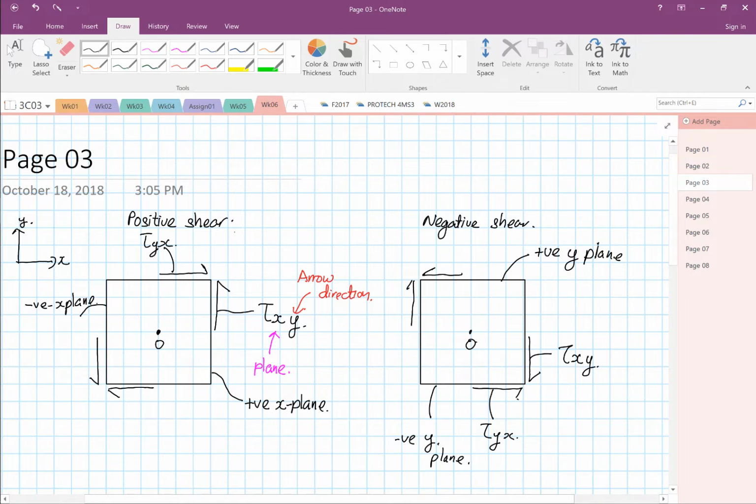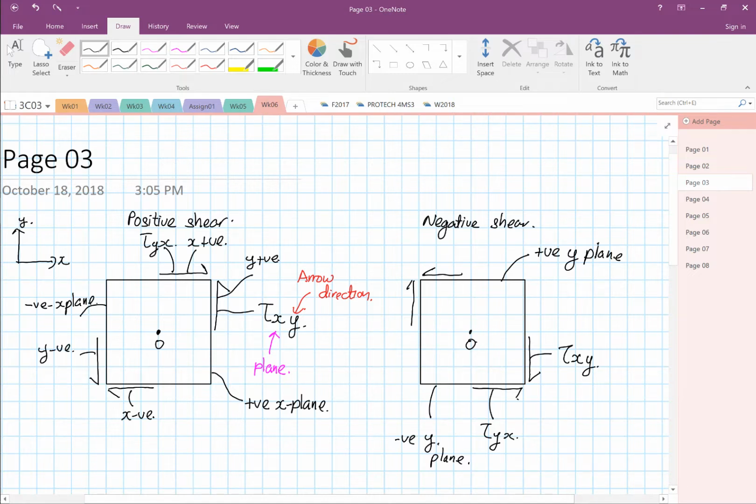If you look at this arrow, it is going to have y positive, and this is x positive, and likewise this is x negative, this will be y negative.